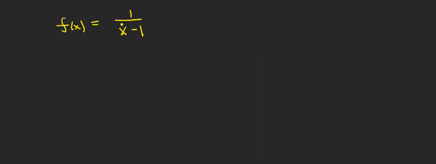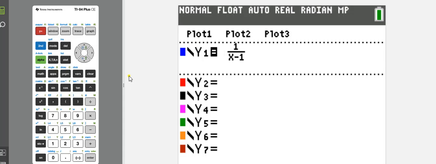What about f of x equals 1 over x minus 1? You know that when x equals 1, this function is undefined, so most likely x equals 1 will be a vertical asymptote. So let's check what happens as we approach 1 from the left and from the right.